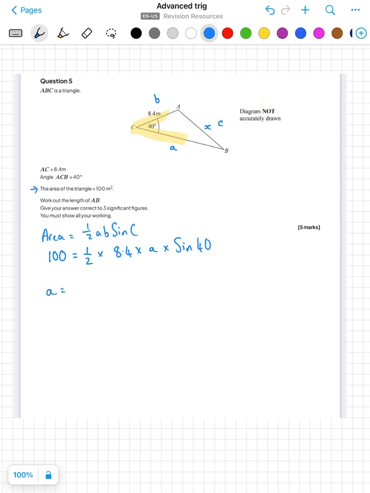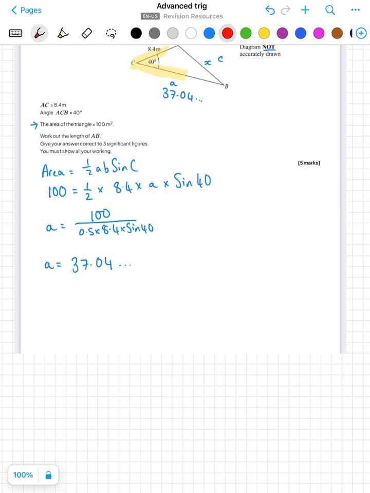We want to rearrange to find A, so we're going to divide by our half times 8.4 times sine 40 and pop all of that in the calculator. 100 over a half times 8.4 times sine 40. That gives us 37.04 as the length of A. Diagram not accurately drawn, do bear that in mind.